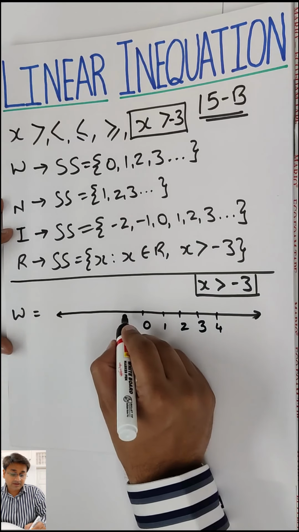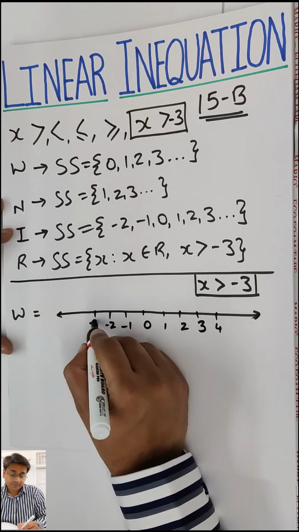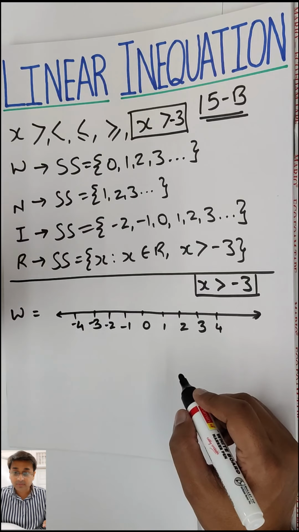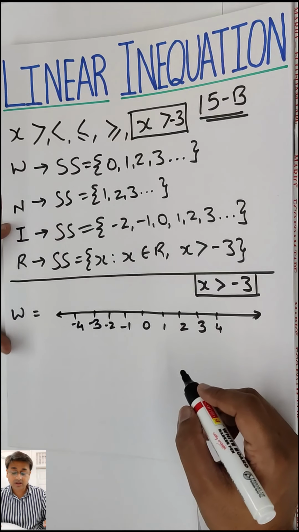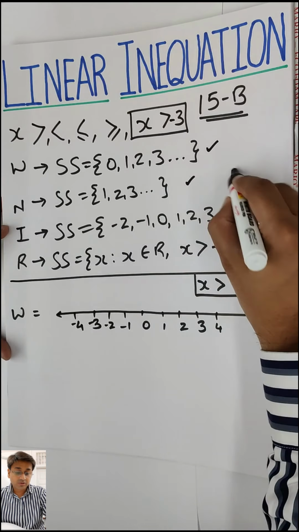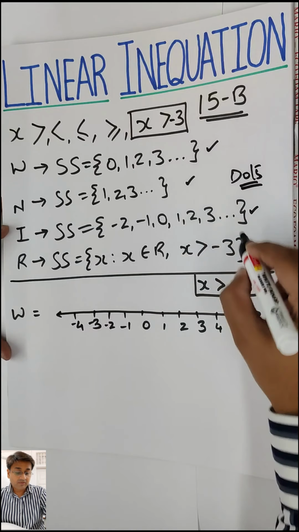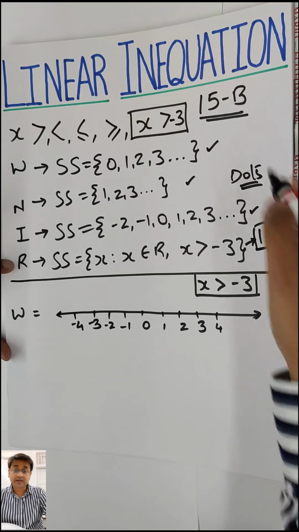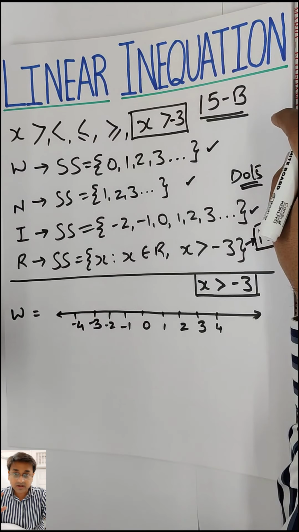You can take 1 centimeter as 1 unit and use a pencil and a scale. No pen, no color pencils, normal pencil. For the first three cases, whole, natural and integers, we are going to use dots, whereas for the fourth, real numbers, we are going to use the IC method. What is the IC method? I will explain you.